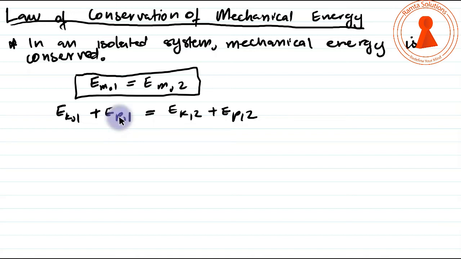So guys, this is all that you need for your grade 10 mechanical energy. Remember, mechanical energy is conserved only when your system is under gravity. If you start hearing words like there is a friction force, don't use this formula.